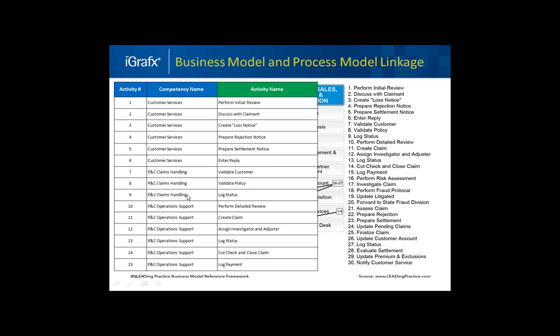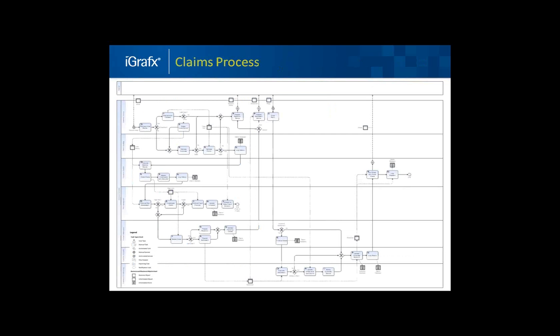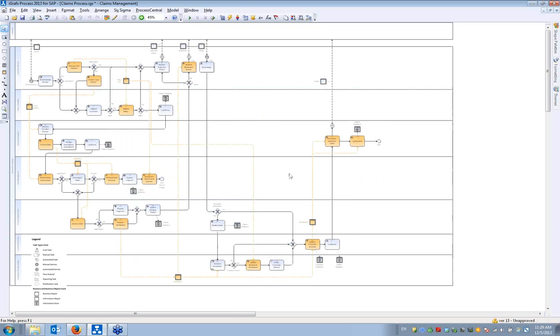So let's have a look at how this works if I want to start interacting and put this into a process model. In this case, I give over to Mark Stanford from iGraphics, who will show us literally in the modeling of iGraphics, how would I capture this? How would this look?